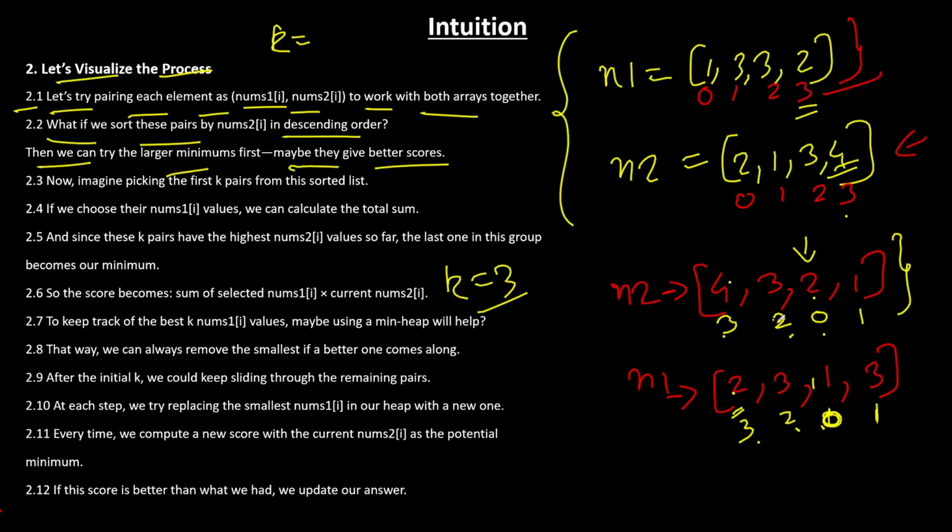Now, there might be some other values here. In the case of 3, it might have been like 15, right? So if this 15 was included in the sum, the output might have been greater, right? This is a hypothetical situation, I'm just assuming here.